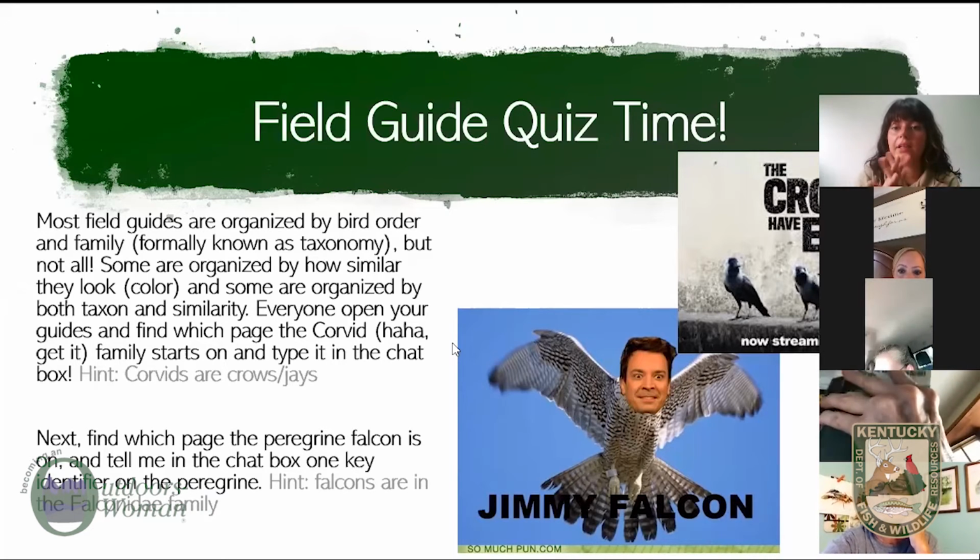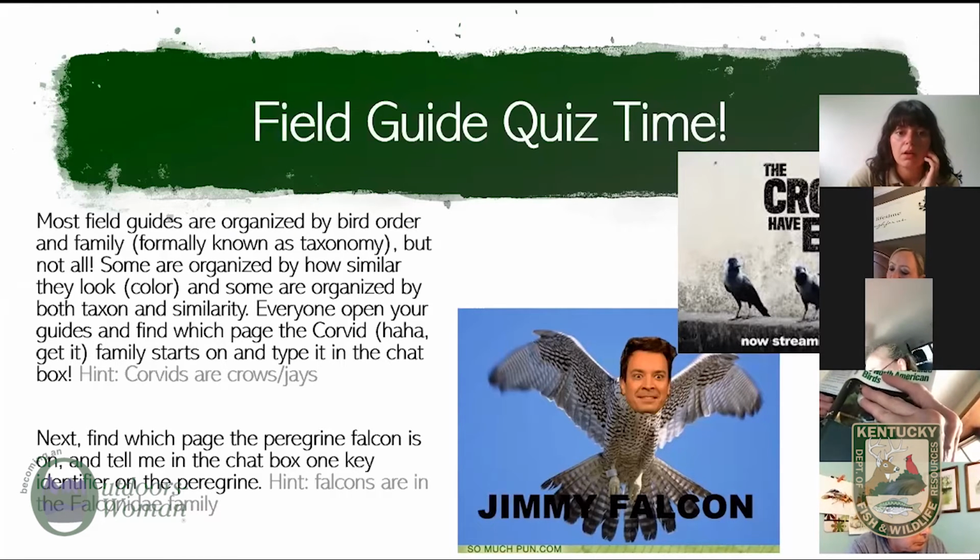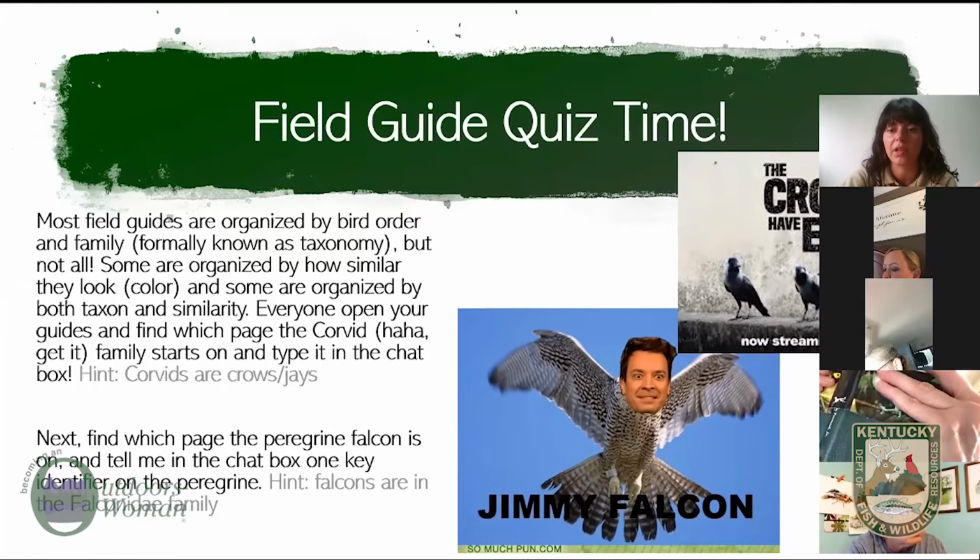Next, find the peregrine falcon. Find what page that's on, and then I want you to tell me in the chat one key identifier that your field guide has marked for a peregrine falcon. Oh, awesome. Okay, so Vanessa is downloading the Merlin app.